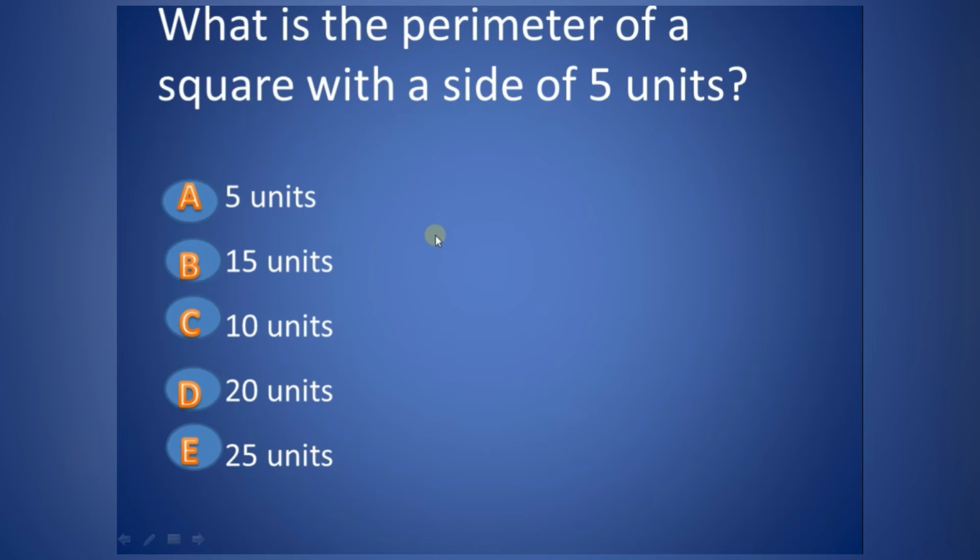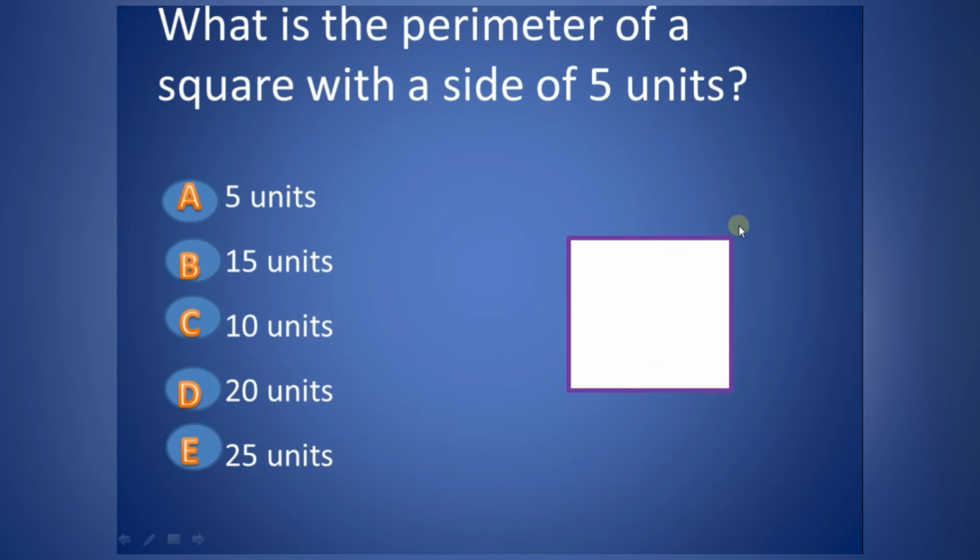if you do not understand the question, just draw a square. So you have your square right here. So you were given one of the sides with a unit of 5. So one side is equal to 5 units.